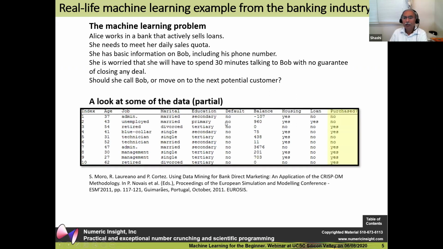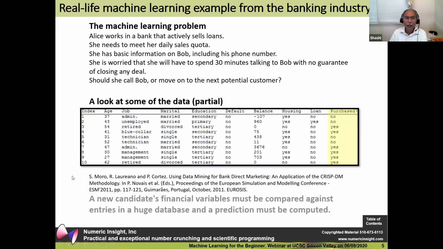So I want you to take a look at this data. The reason why I'm showing you this data is because the solution to this problem is going to depend on this data. If you look at this data, every line here is a customer. It represents various features corresponding to a customer.